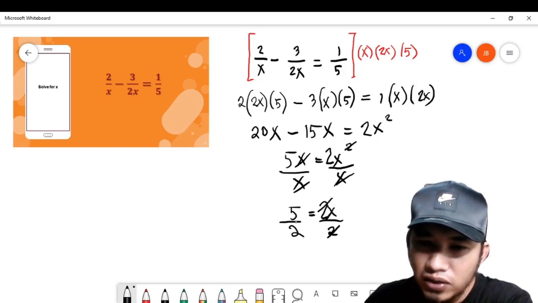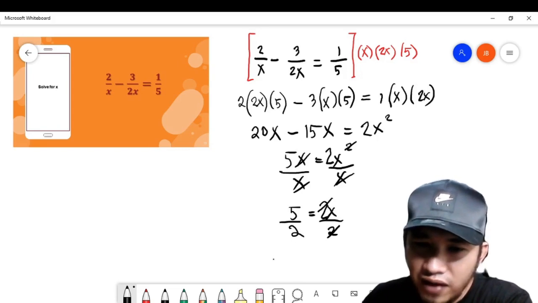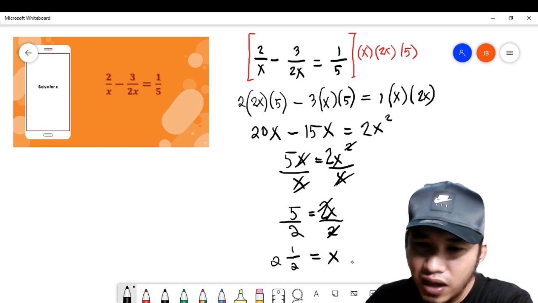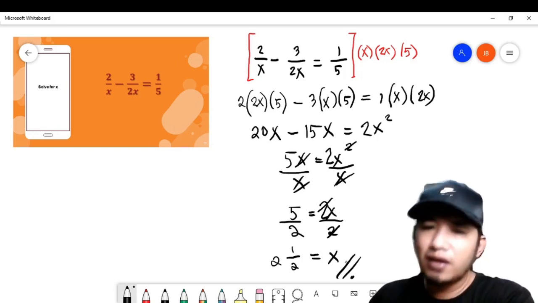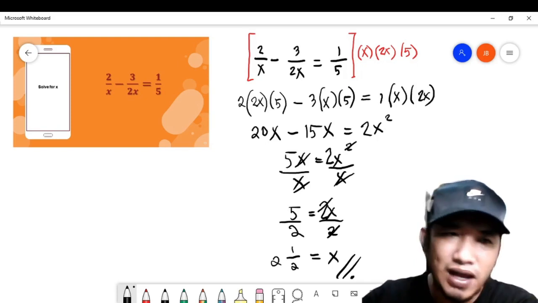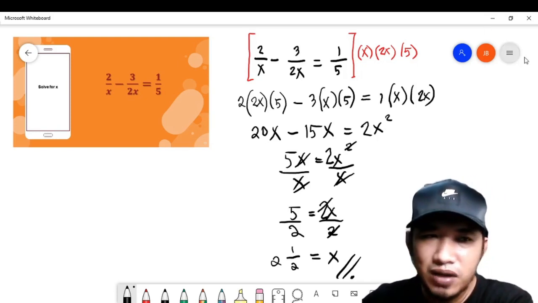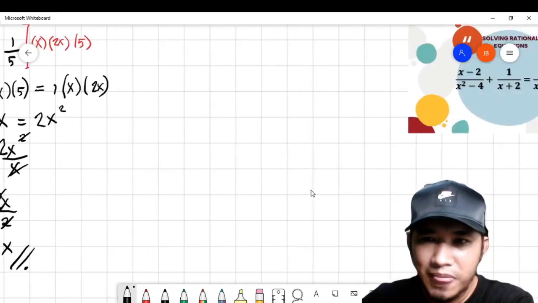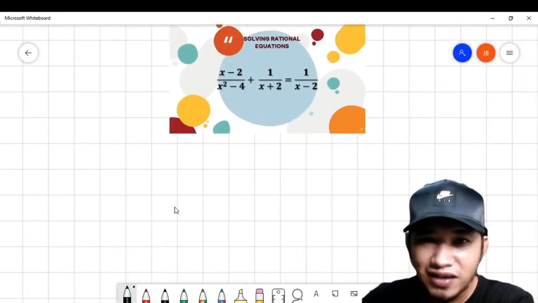Okay, so ilang 2 ang meron kay 5? That is dalawa. Okay, 2 times 2 is 4 minus 5, that is 1 all over 2. Ang naiwan sa kabilang side is x and that is the final answer. Alright, so that is for the second problem in finding what is the value of x.